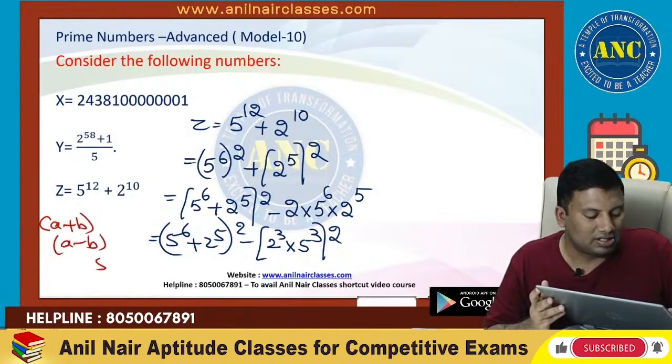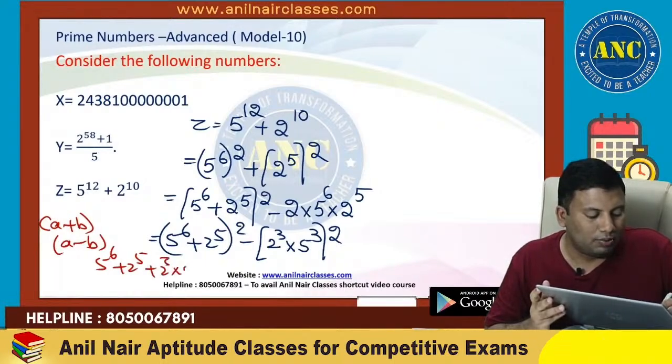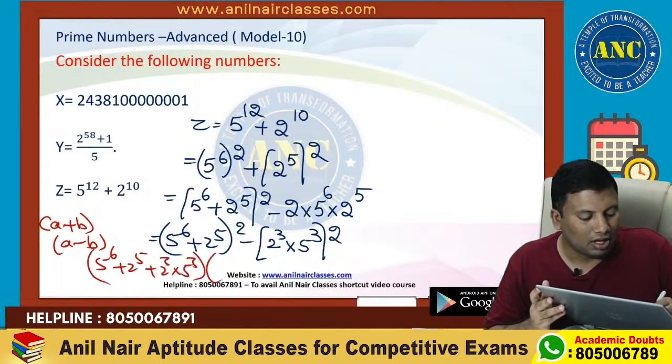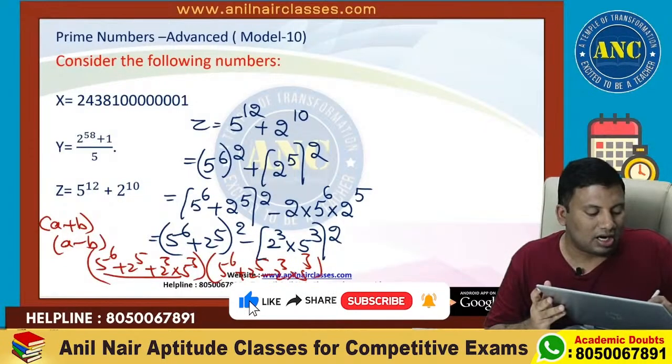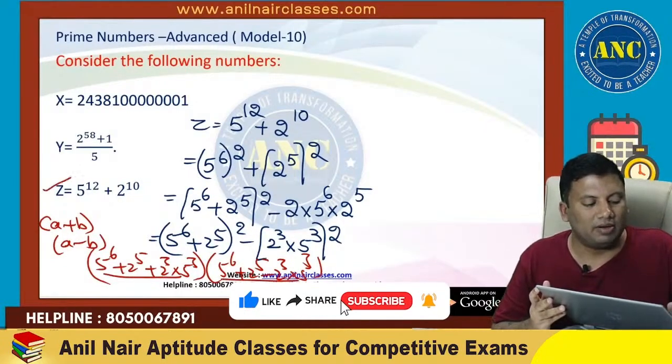None of them, 5^6 + 2^5 + 2^3 into 5^3, or 5^6 + 2^5 - 2^3 into 5^3, is giving me 1.